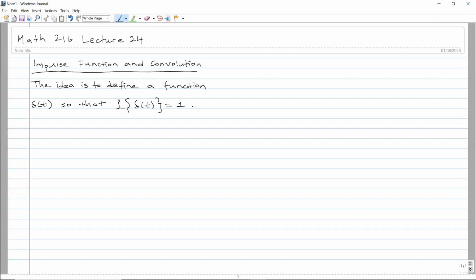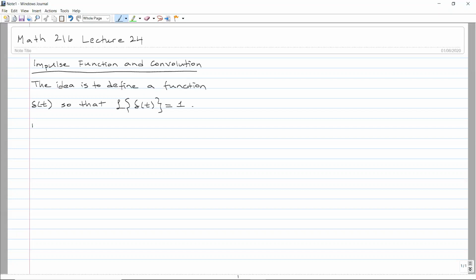The functions we have considered so far have Laplace transforms as either a rational function or a rational times an exponential function. So none of them have this property that their Laplace transform is equal to 1. So this is going to be a new function. But as it turns out, it is not easy.